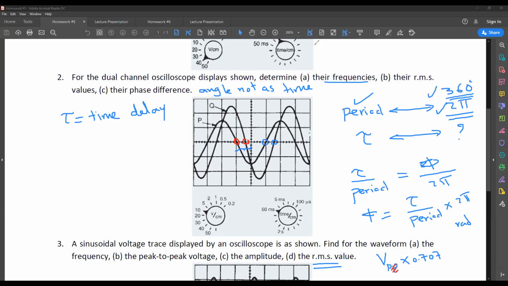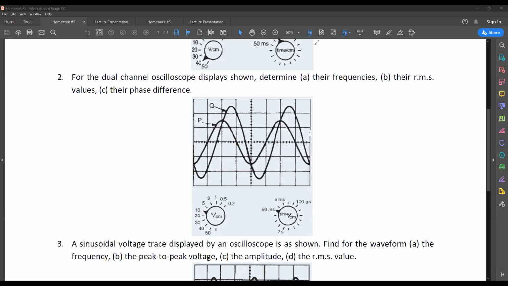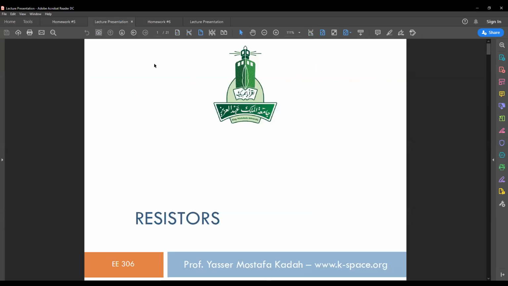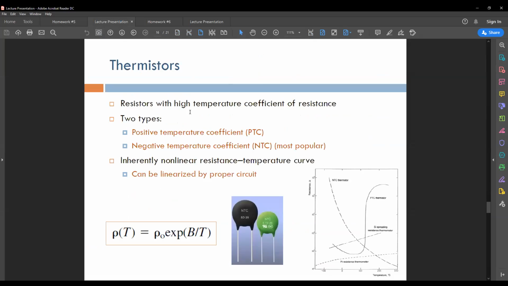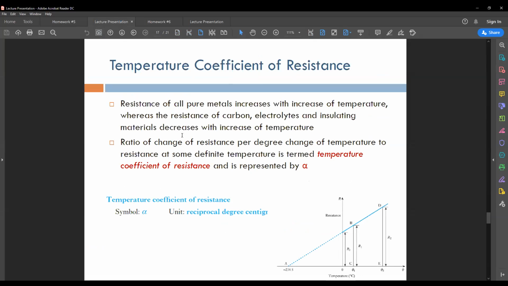So let's go back and finish the part we talked about in the resistance. We finished all the way right before the temperature coefficient of resistance. What we are going to talk about here is the effect of temperature on the resistance.